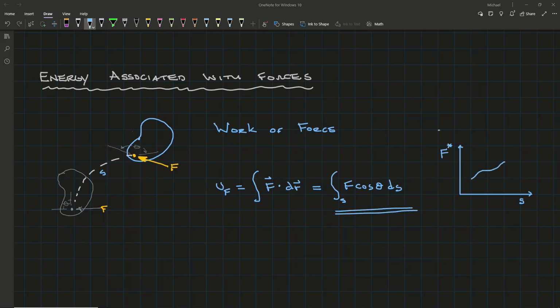This integral essentially represents the area under our force versus S curve, where the force is in the direction of the path S between the points S1 and S2.